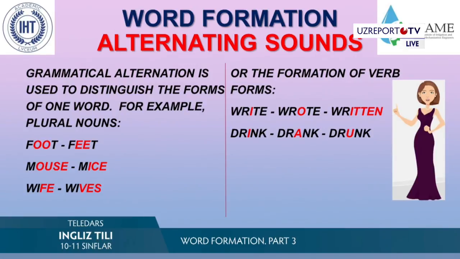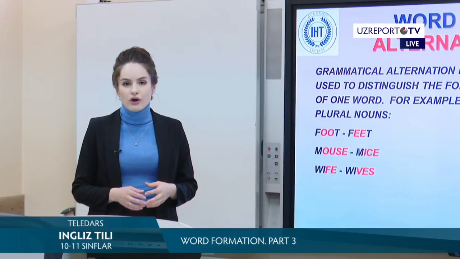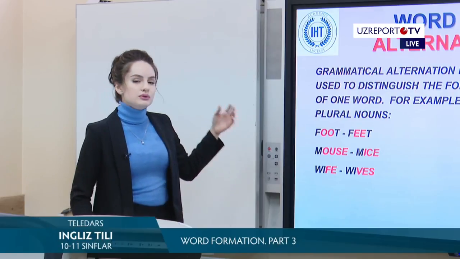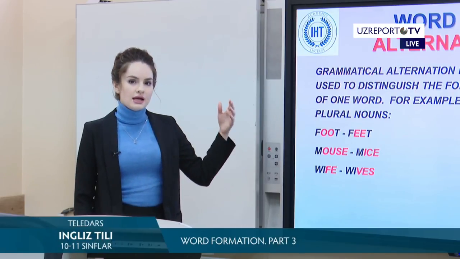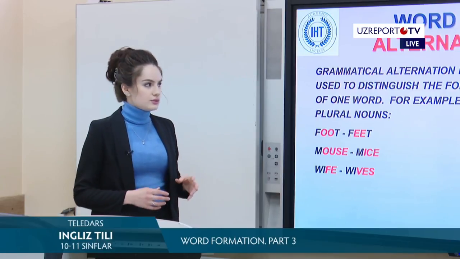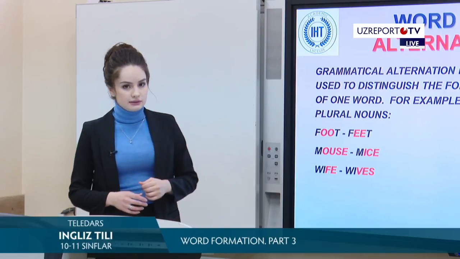The second example is also about irregular verbs: drink, drank, drunk. Actually, it means that we have 2 methods of creating grammatical alternation, using the plural form of nouns and using irregular verbs. Please remember, this is connected with grammatical alternation.